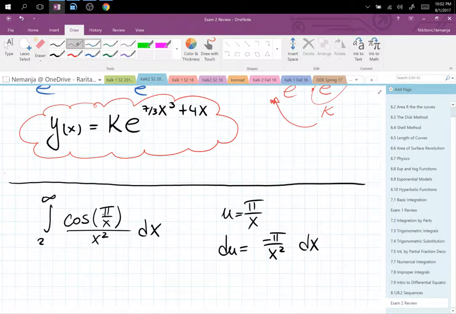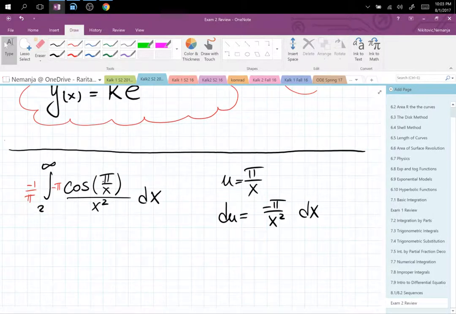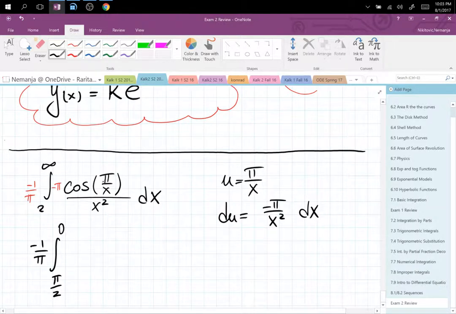So I don't have the negative pi, so I need negative pi, and I need negative 1 over pi outside to counter it. Now when I do substitution, negative 1 over pi, 2 to infinity, I have to change the limits. When I plug in 2, I get pi over 2, and when I plug in infinity, I get 0.